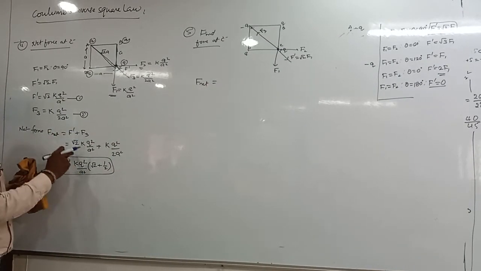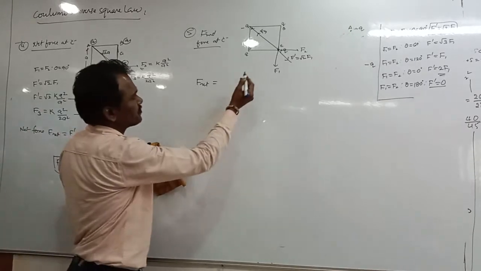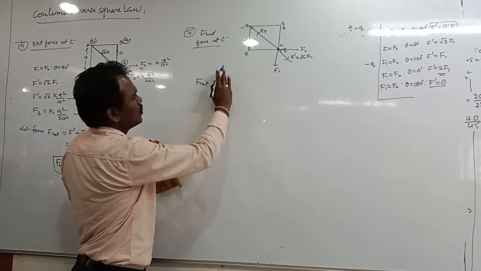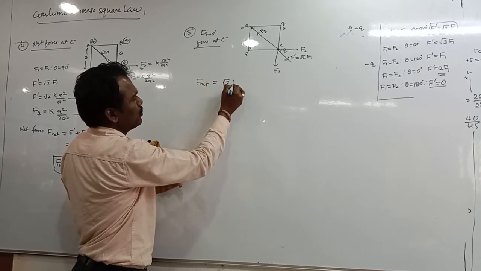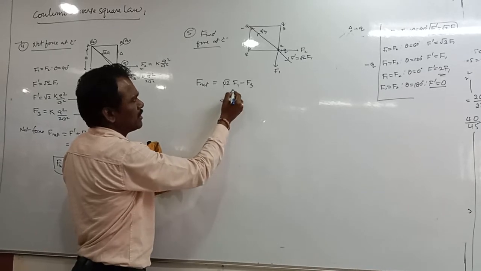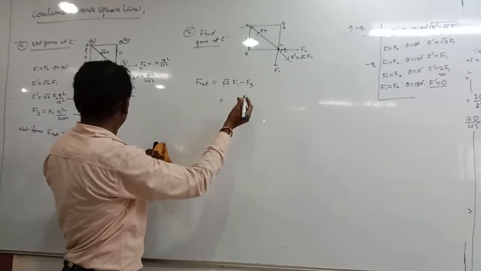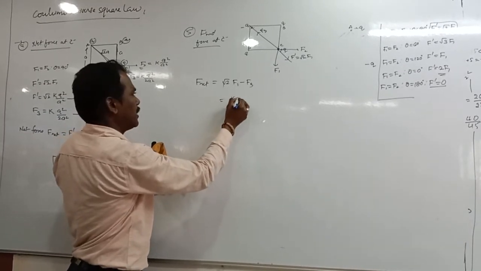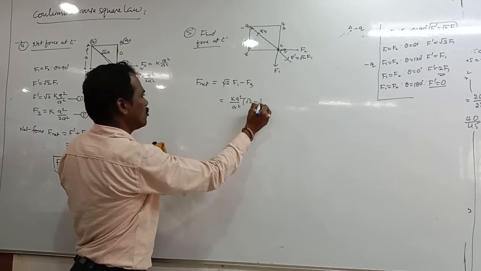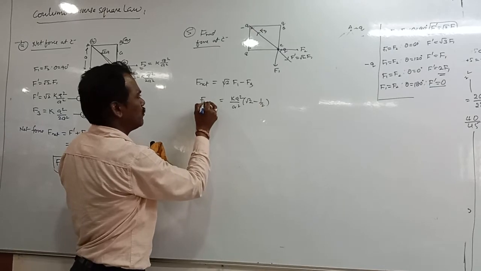These are in opposite directions, right? That F net is root 2 into F1 minus F3. So here, yes, k q square by a square, root 2 minus 1 by 2 we can write.